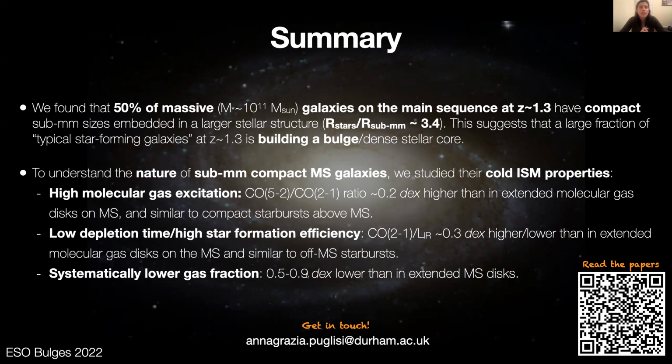And this suggests that a large fraction of typical star-forming galaxies at redshift 1.3 is building a dense stellar core. Those sub-millimetre compact main sequence galaxies have high molecular gas excitation, short depletion times, and high star formation efficiency. Also, those objects have systematically reduced gas fractions with respect to the parent main sequence population.